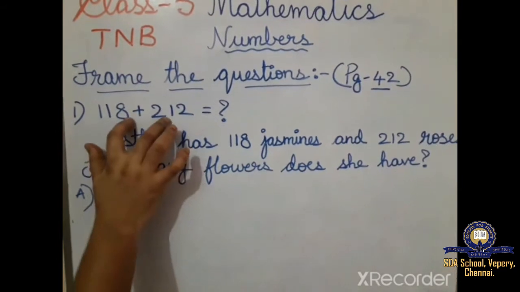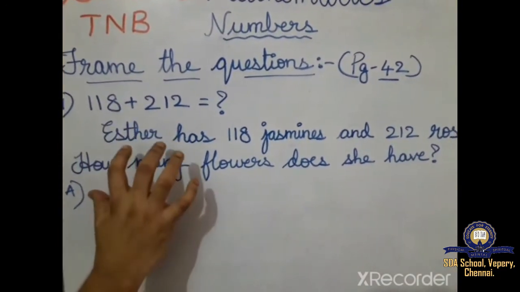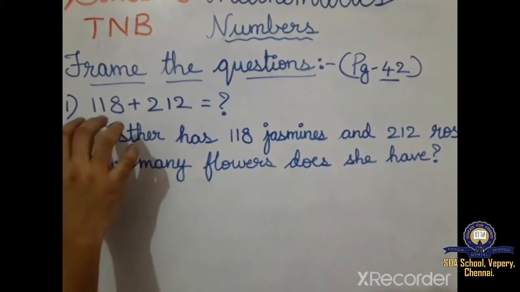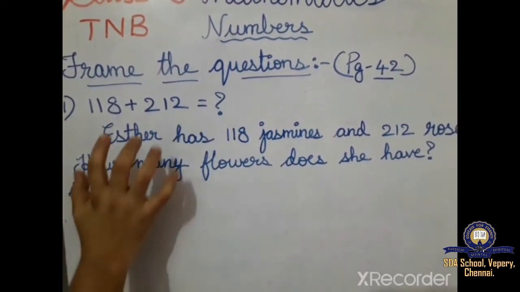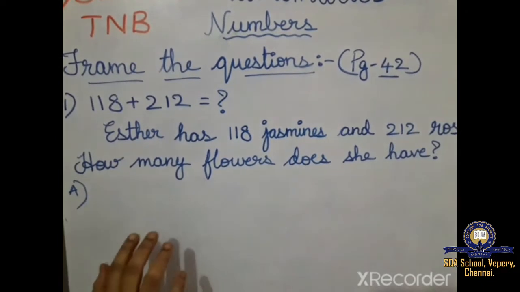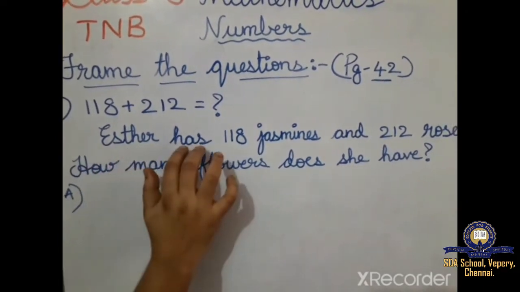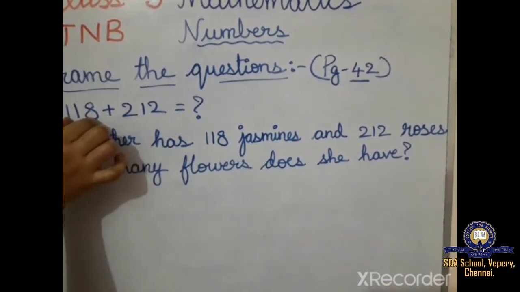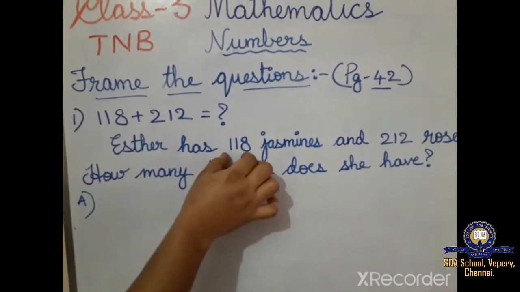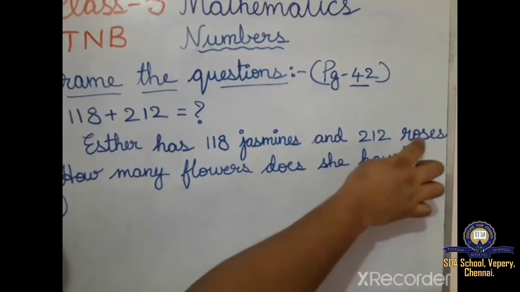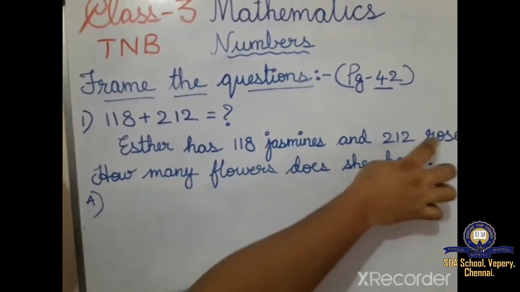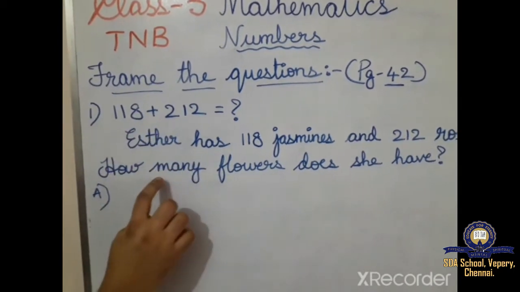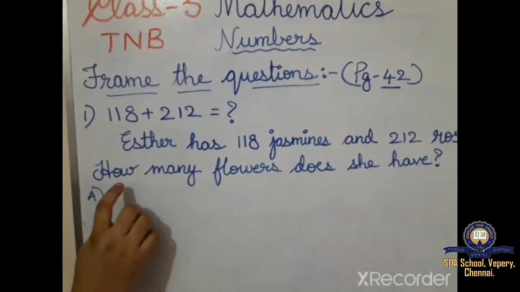This is the question they asked, and we have to frame a question like this. So 118 plus 212. I framed a question of my own: she has 118 jasmines and 212 roses. Since it is plus, we have to find the total.